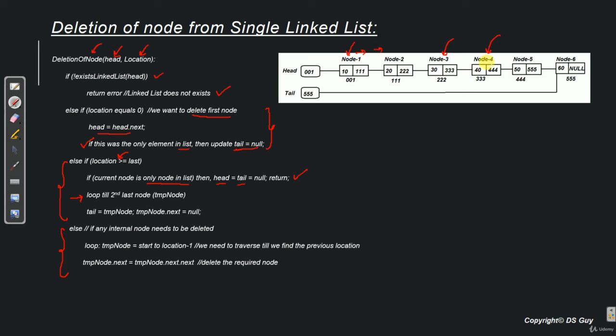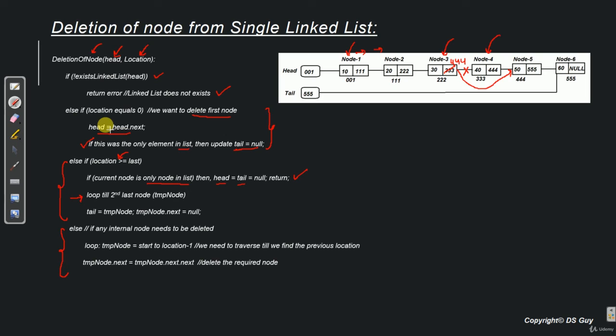So we want to delete node 4, so we'll go to the previous node, that is node 3, and stop there. Now the next step is to connect node 3 and node 5. For that, we have to update it to 444, which is the address of node 5. So now node 5 is not being pointed by any of the references, so it automatically gets destroyed.